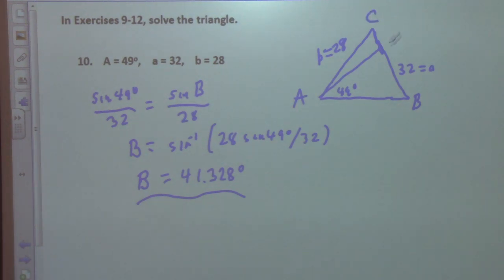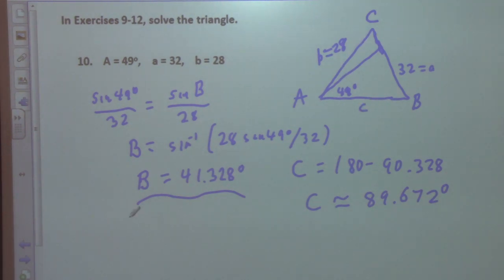And now C. We first added angle A and angle B, which is 90.328, and then I subtract that from 180. It'll be 89.672, right? Yeah. So then you have little c, which you don't know yet.